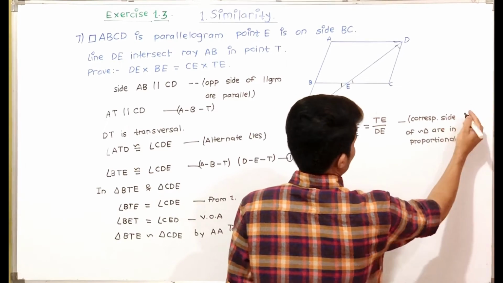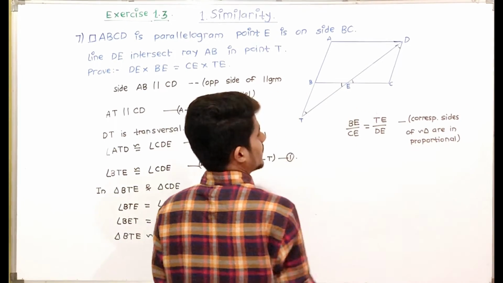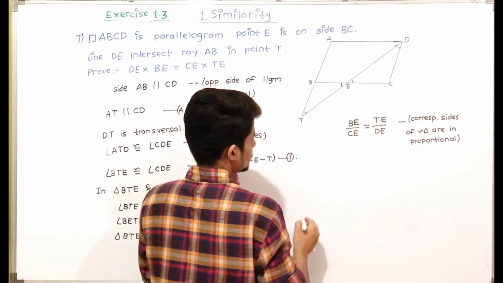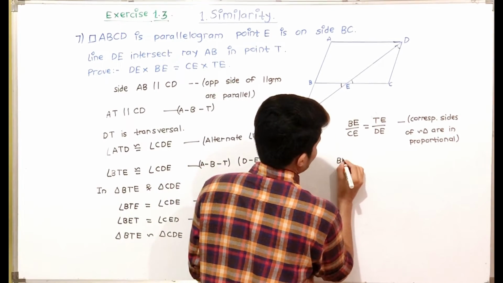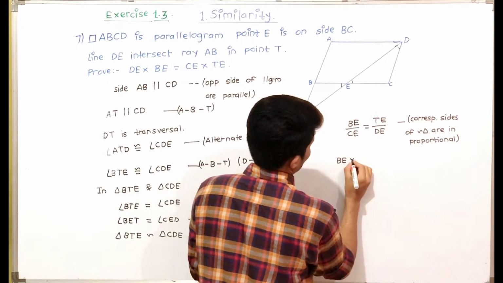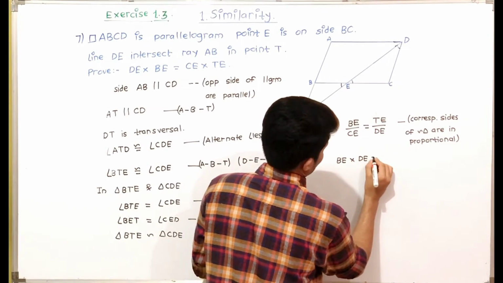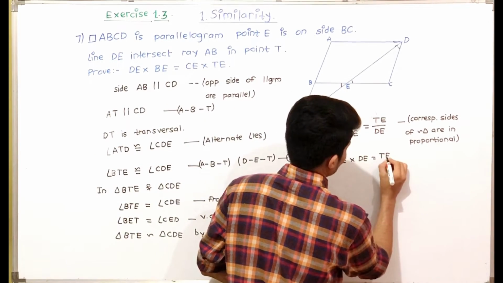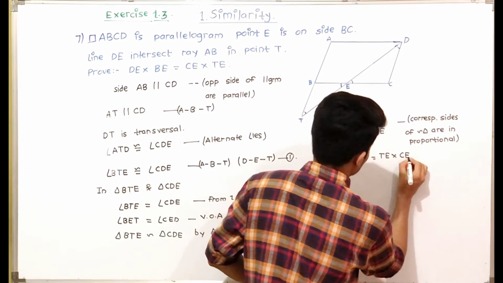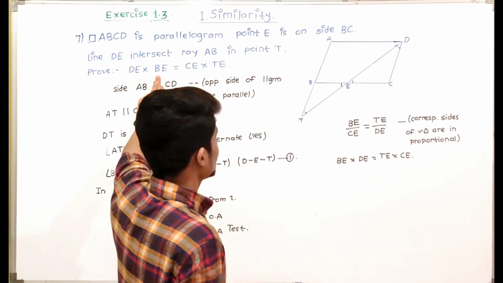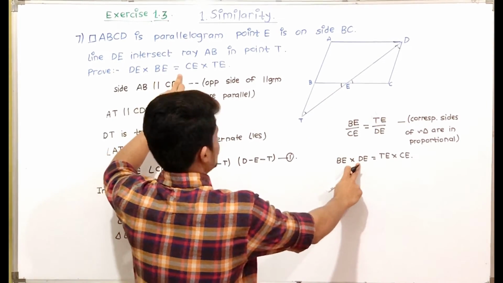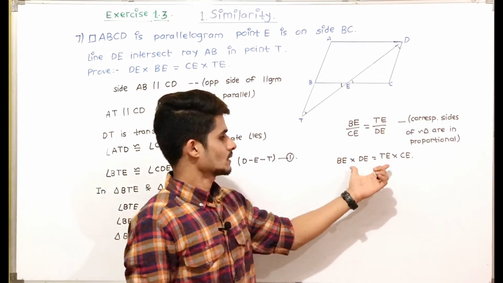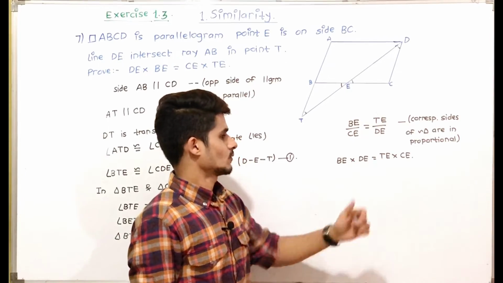Corresponding sides of similar triangles are in proportion. So now we'll cross multiply: BE into DE is equal to TE into CE. So this is what we have to prove.